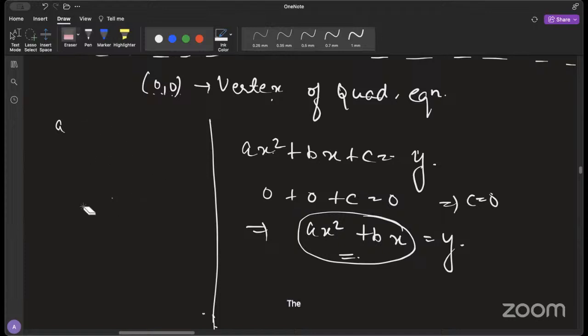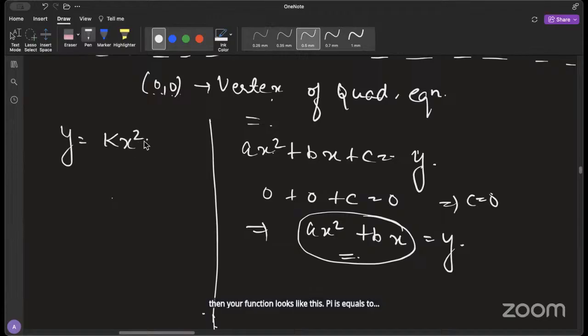The point that I was trying to make was, if you have 0, 0 as vertex, then your function looks like this. y is equal to kx squared.